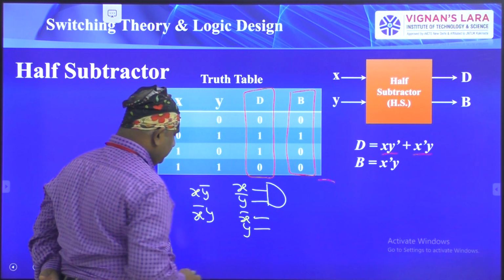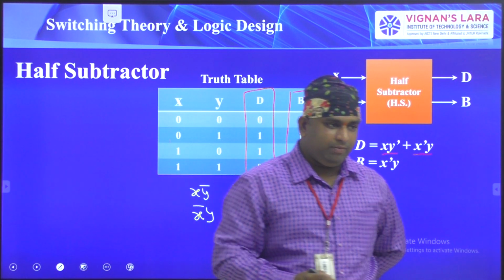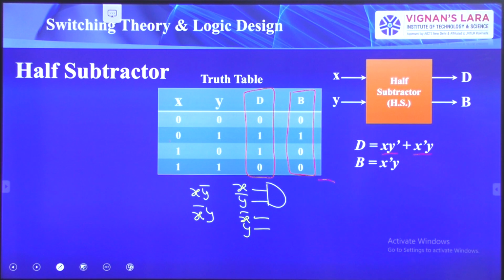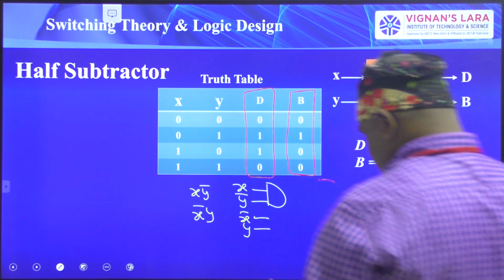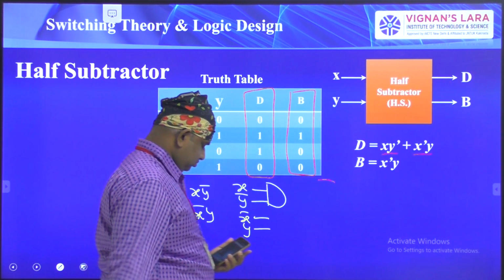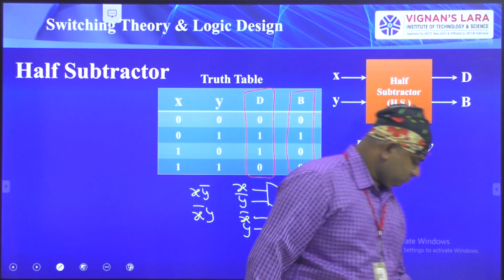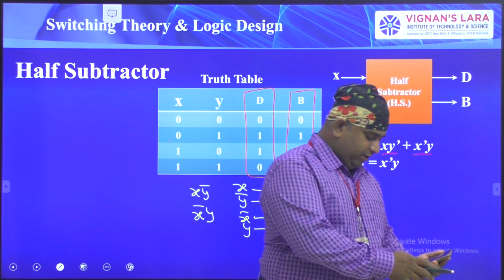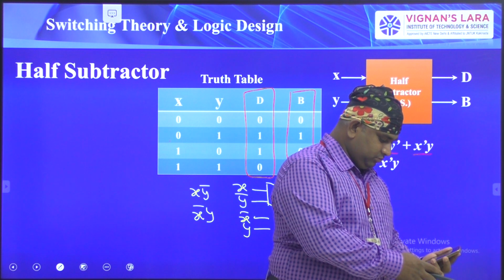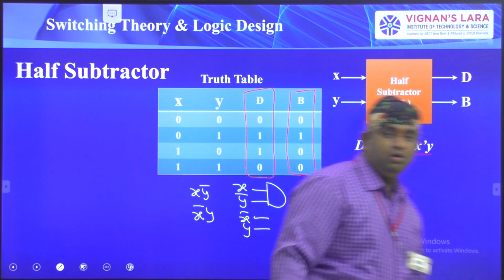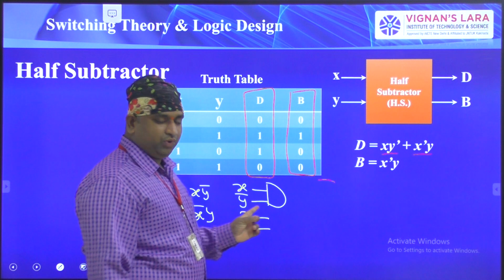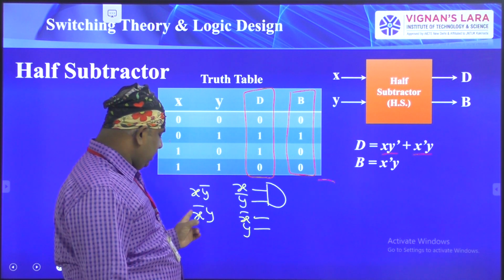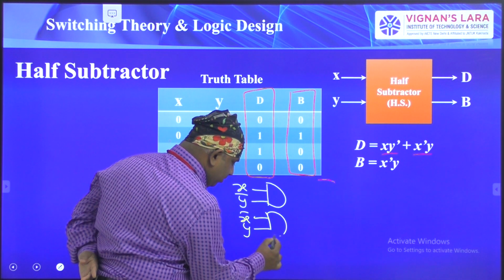So for x, y bar, we are taking our AND gate, and for x bar y, we are taking one more AND gate here.